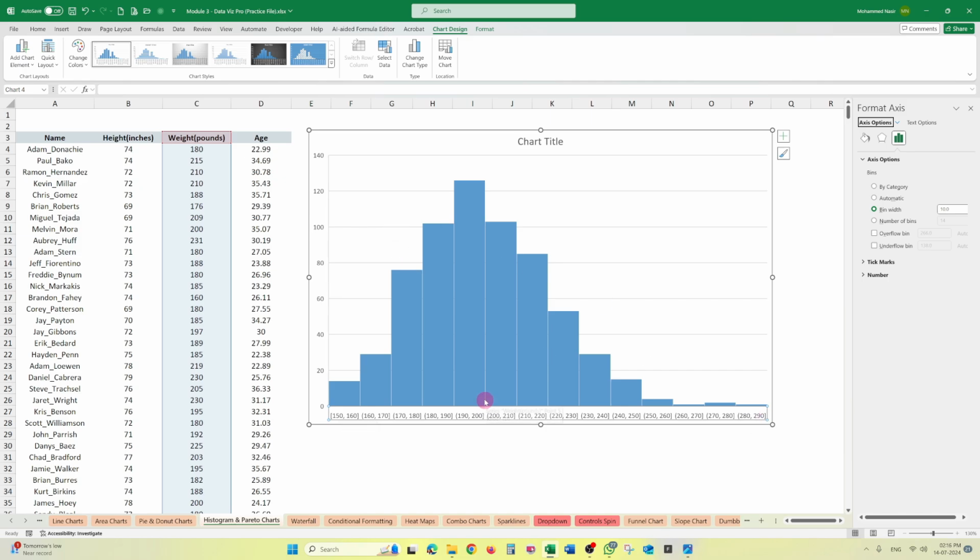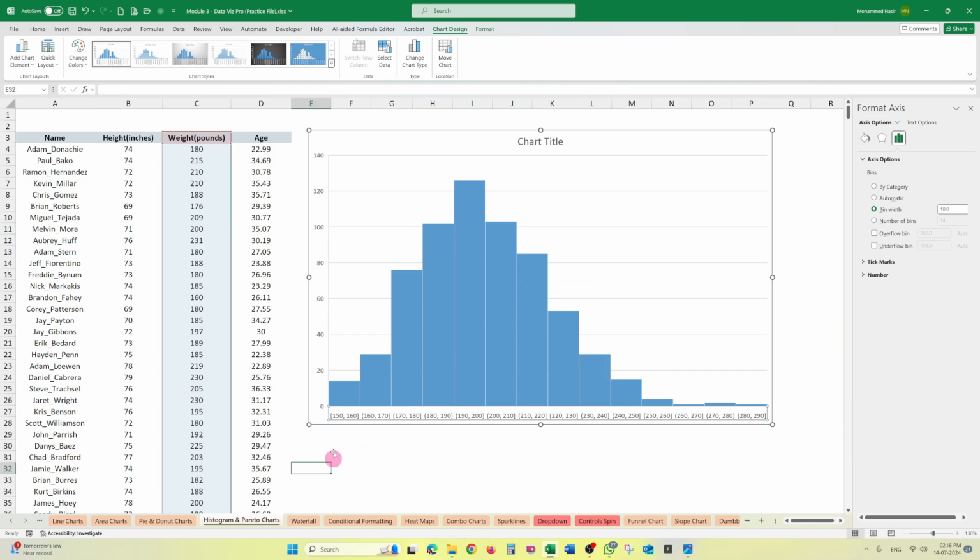Now from this data we can see the actual number of people whose weight is 190 to 200. Here it is 126 people, and from 200 to 210 it is 103 people.